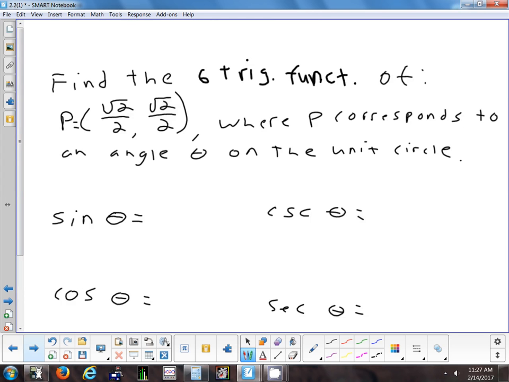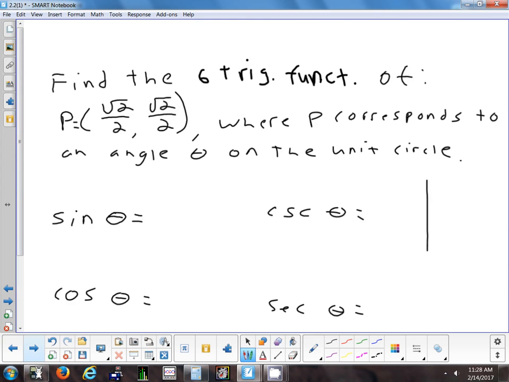Now, this is unrelated to the question we're answering, but does anybody think they know what angle this coordinate represents? The x value and the y value are the same. So it's like you've gone right on the x-axis and up on the y-axis the same amount, over and up.